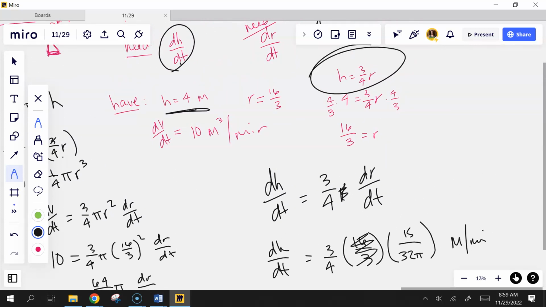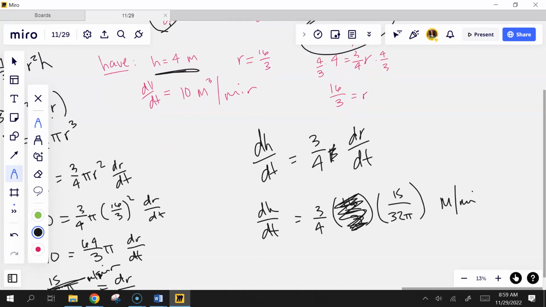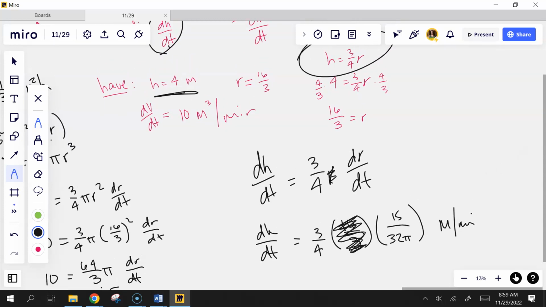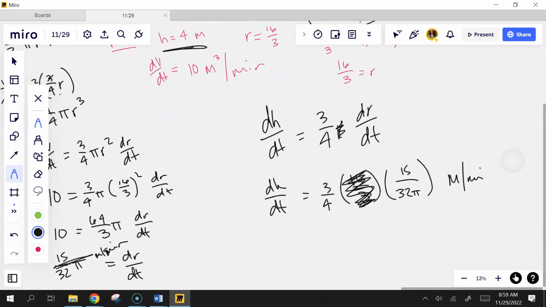There you go. It's just 3/4 dr/dt. If you're on FRQ, you can stop right there and leave it like that. You can plug it in a calculator, you can leave it.